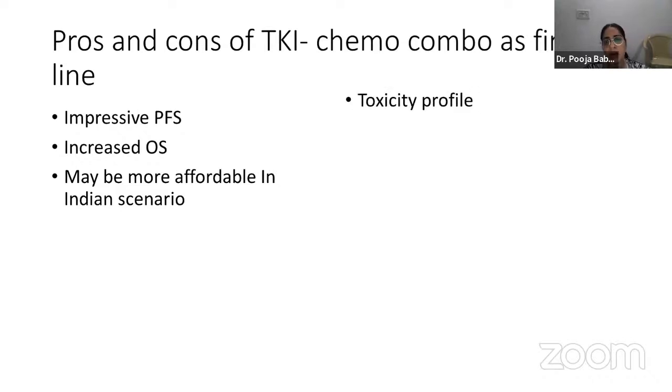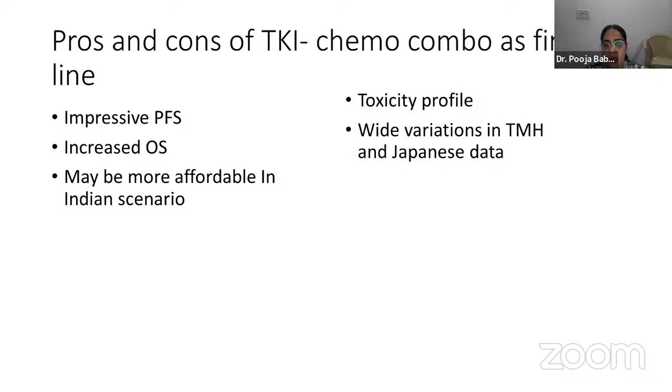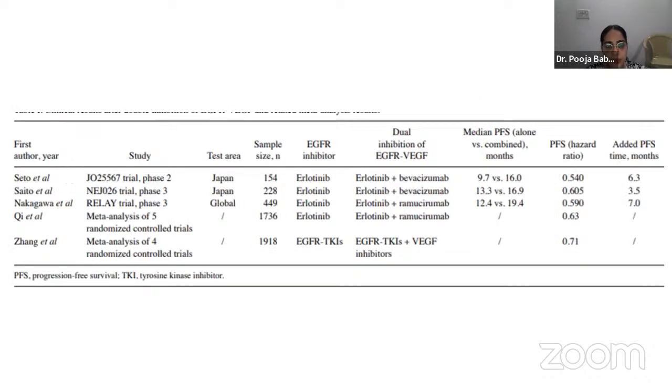But again, regarding the toxicity profile, we have seen in our Indian trial also, there were 51% adverse events in the combination arm versus 25% in the single arm. Again, there is a wide variation in TMH and Japanese data. And what about the blood-brain barrier activity, of which we are not sure? And no chemo-free interval was seen.